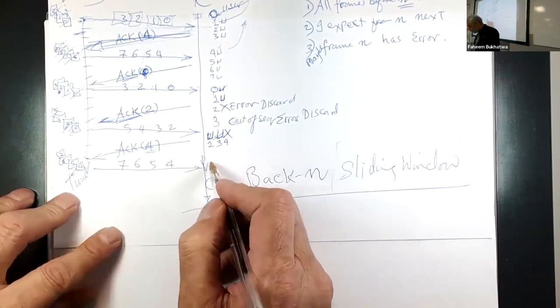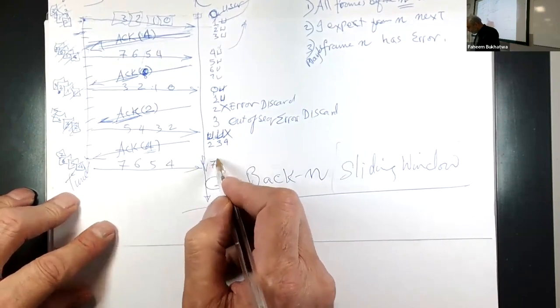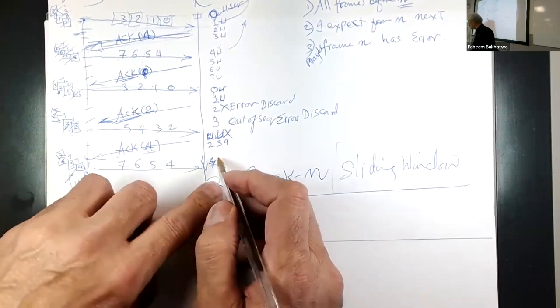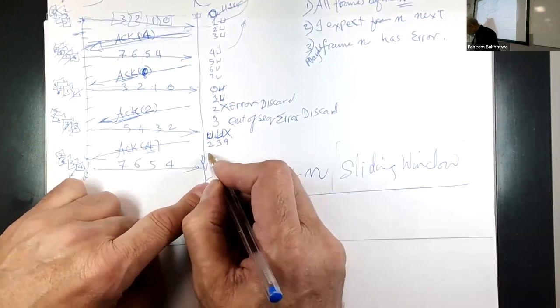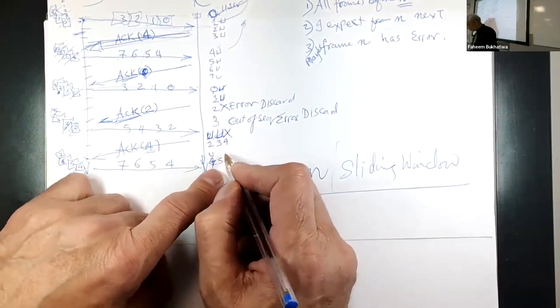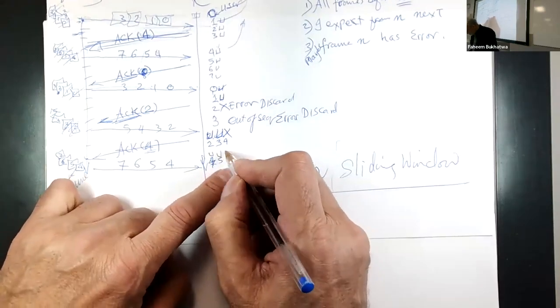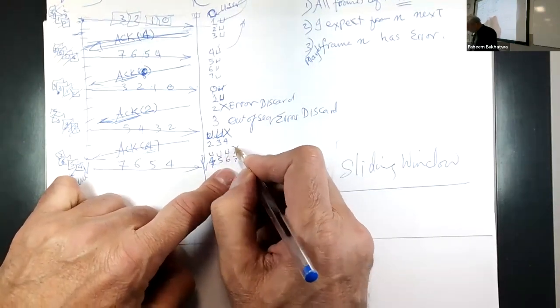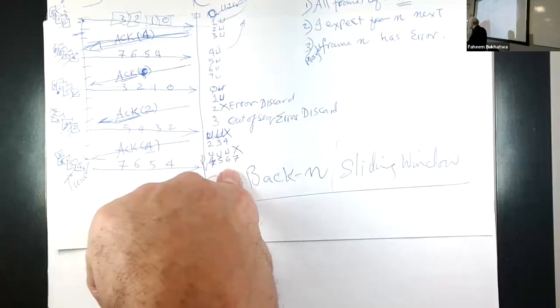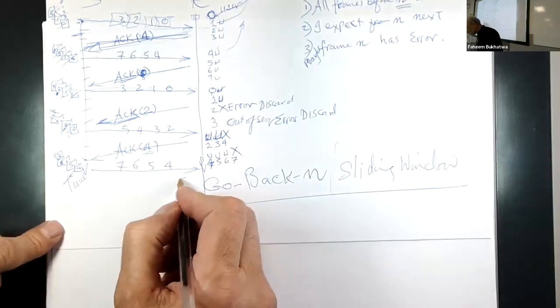What if number 7 has an error, and 4 is okay? Send it to the user. 5 is okay. 6 is okay. And 7 has an error. You send back acknowledgement 7.